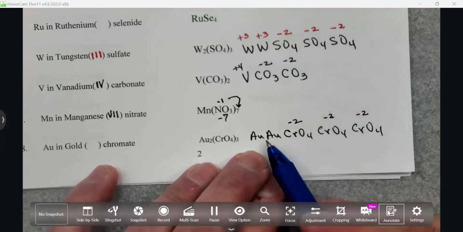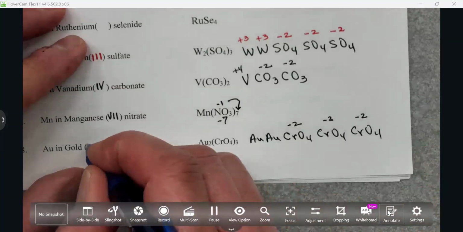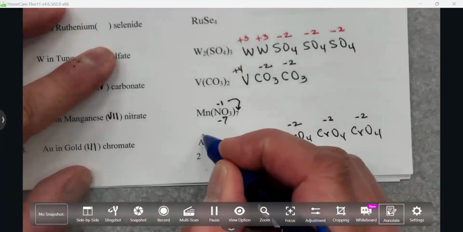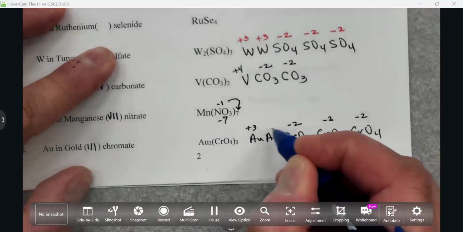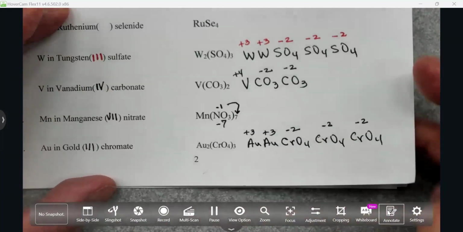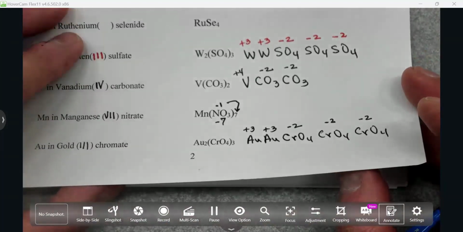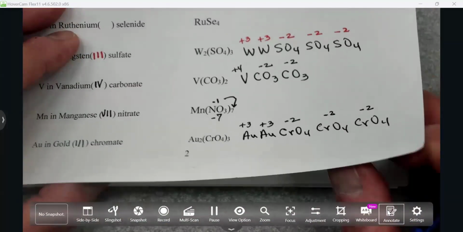What are my golds? These are 3s, right? Gold 3. Okay. But you're only going to put in Roman numerals if they have more than one possible positive charge.